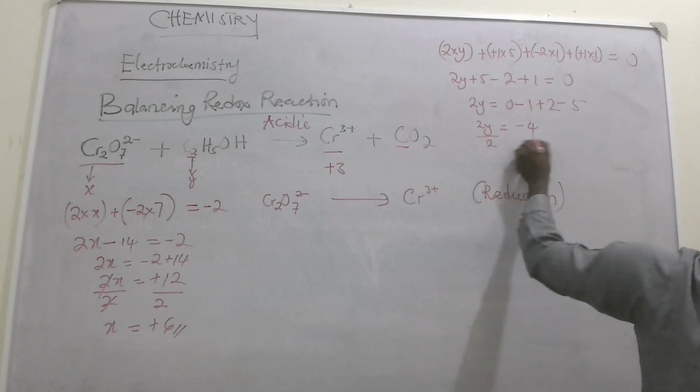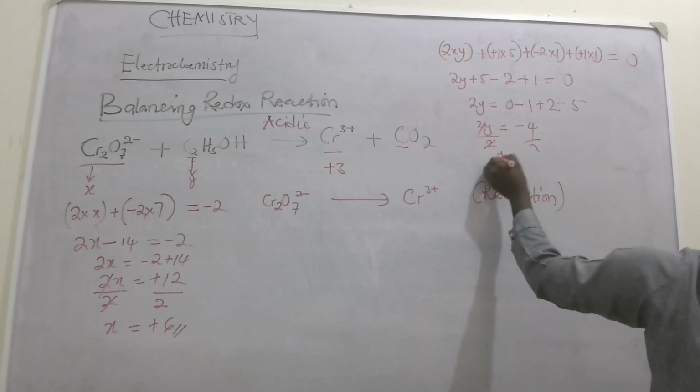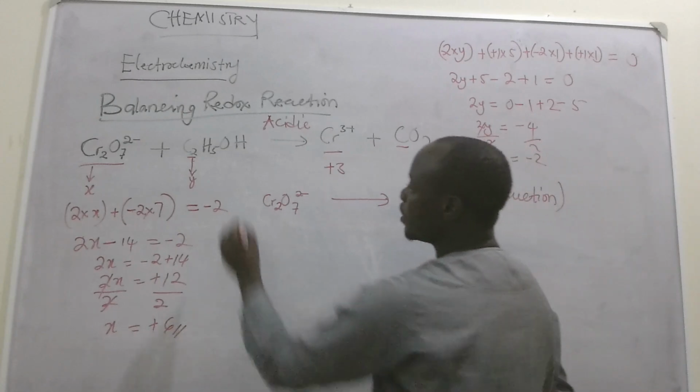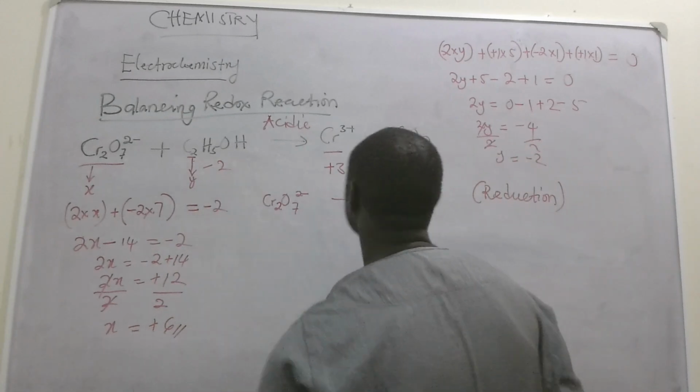Divide both sides by 2, so y is equal to minus 2. So the oxidation number of carbon here is minus 2.